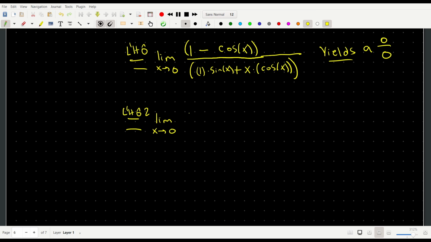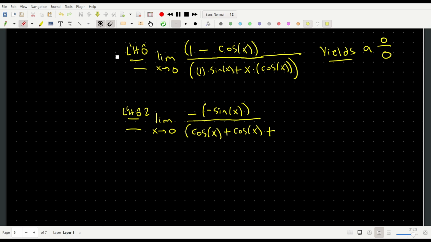Well, the derivative of the numerator is going to be 0 minus, and the derivative of cosine is negative sine, so we get sine of x. The derivative of the denominator is going to be cosine of x, because the derivative of sine is cosine. And then we have to use the product rule again on this x times cosine of x. So this is going to be the derivative of x times cosine of x, which is 1 times cosine of x, plus x times the derivative of cosine of x, which is negative sine of x.